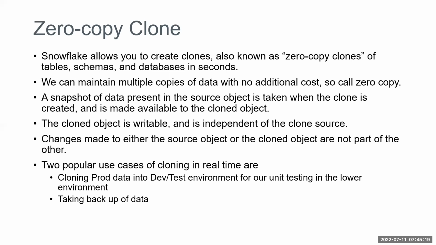Even though we are taking 10 copies of 10 tables, what will happen? There will be no additional cost for those 10 tables. Snowflake will maintain metadata for those 10 tables, and the data will be available in the cloned objects also. So this is about zero copy cloning and the popular use cases of zero copy cloning.